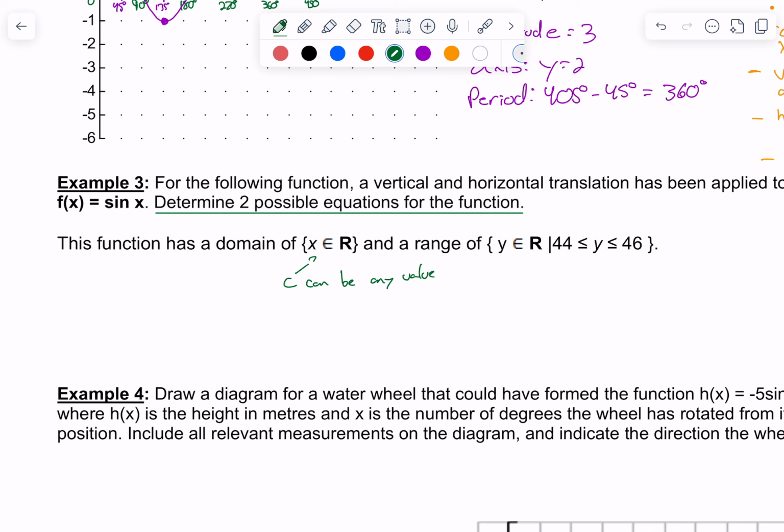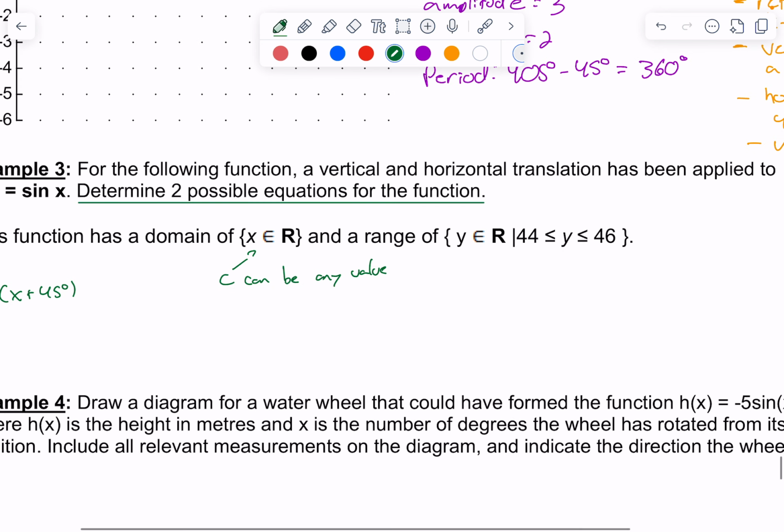You're fully open. So using that piece of information, I'm going to create a sine function. My first one, I'll make it y is sine x plus 45 degrees. Cool. But now I also need to deal with the range, which is between 44 and 46.